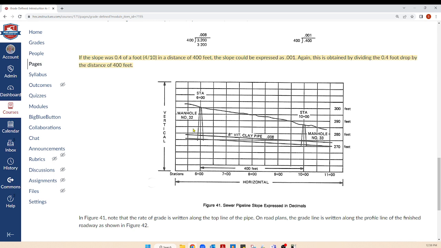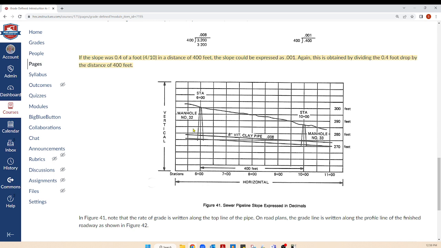And I wish I could illustrate this, but to move that 400 over to where the other number is, 0.008, I have to change its function. So when it's 0.008 equals V divided by 400, it would be V equals 400 times 0.008.